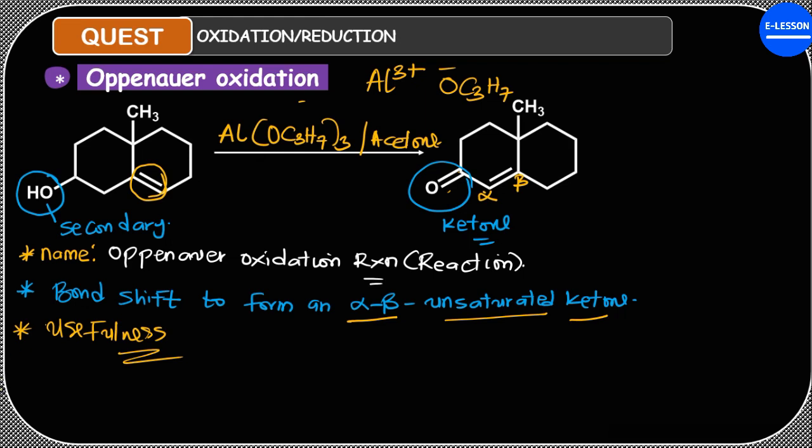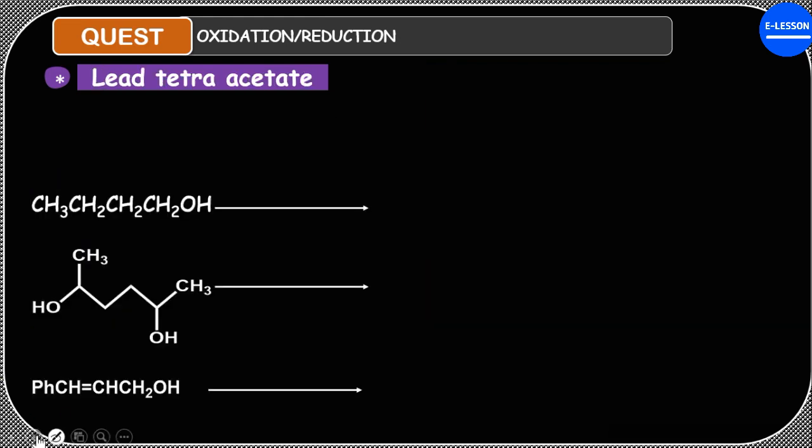Now the next one that we are going to look at is lead tetraacetate. Lead tetraacetate can be used in boiling benzene, or you can also use it in hexane, or in chloroform.